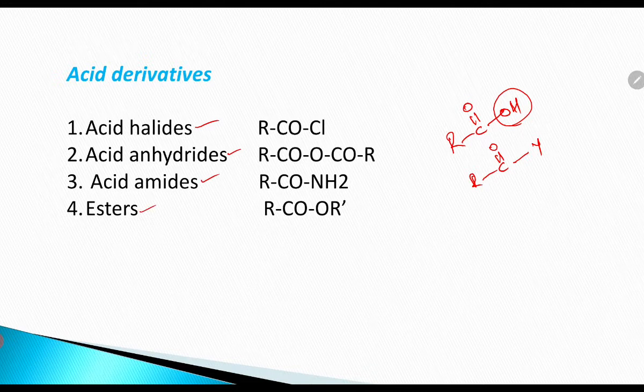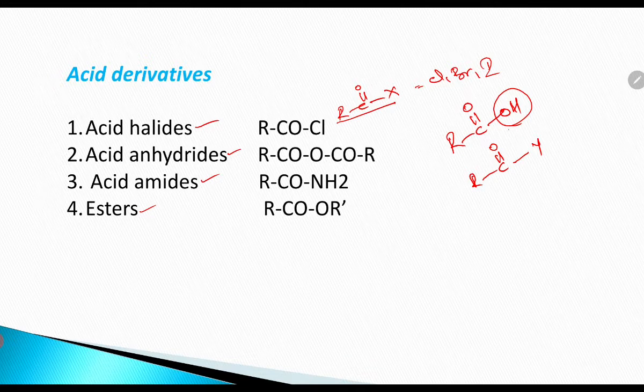If the OH group of the carboxylic acid is replaced by halogens, then they are called acid halides, that is RCOX, and this X may be chloro, bromo, or iodo groups. The general formula is RCOX.